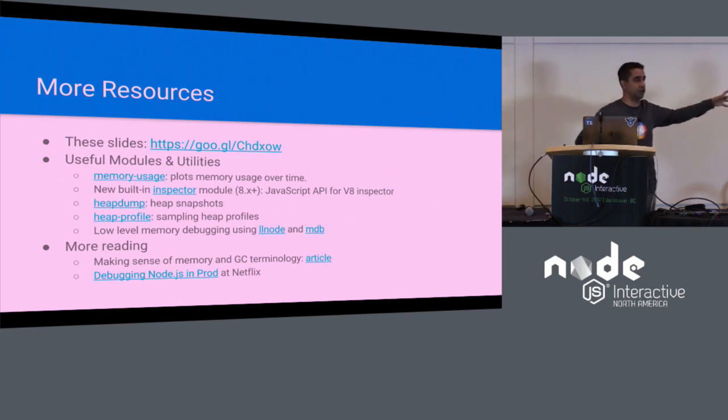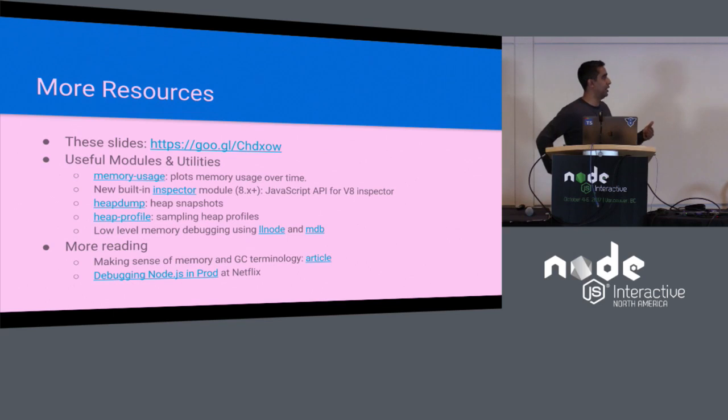So you can just write JavaScript code and get all of this functionality. Heap dump and heap profile: I just noticed that there was no NPM module for heap profile, so I published this earlier today. So brand new. And if you really want to do low-level memory debugging, LLNode and MDB are also good.